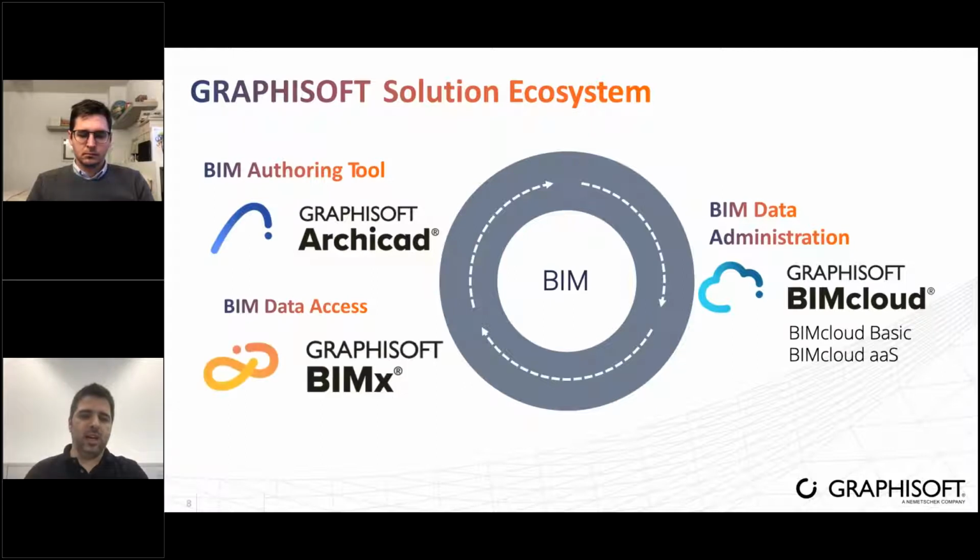And then we have BIM data access coming from Graphisoft BIMx. We can read the data that was generated with ArchiCAD in a collaborative environment using BIM Cloud, and it can be accessed anywhere by anyone, even without special BIM knowledge.